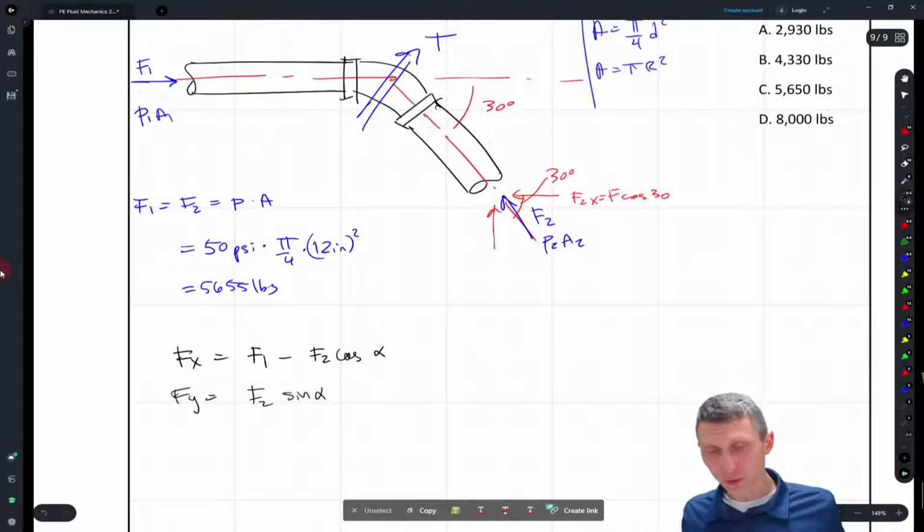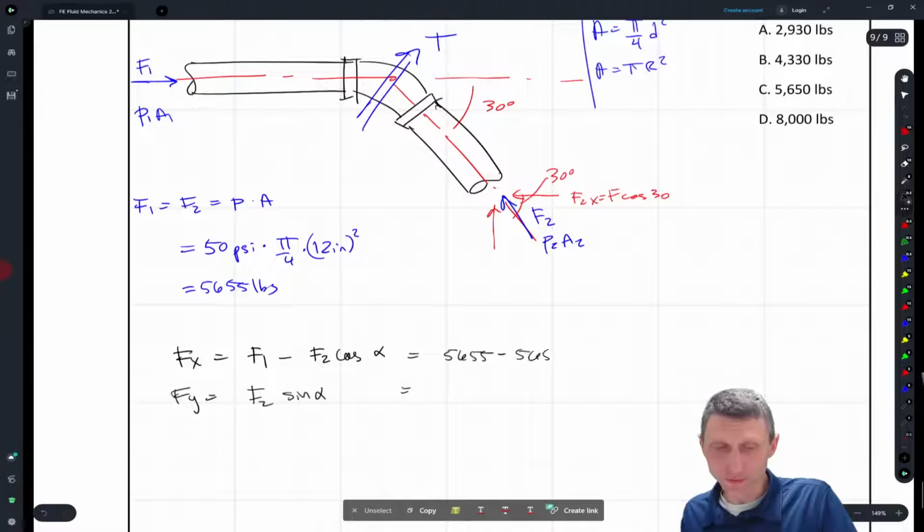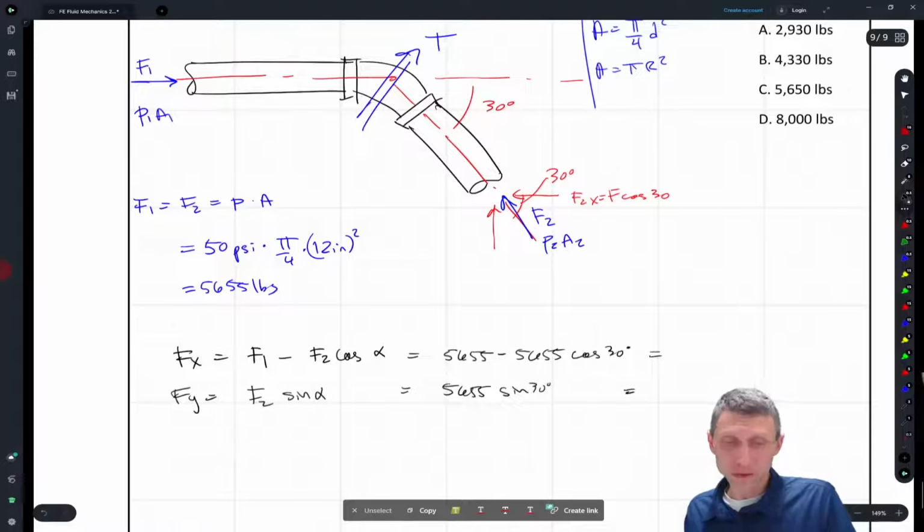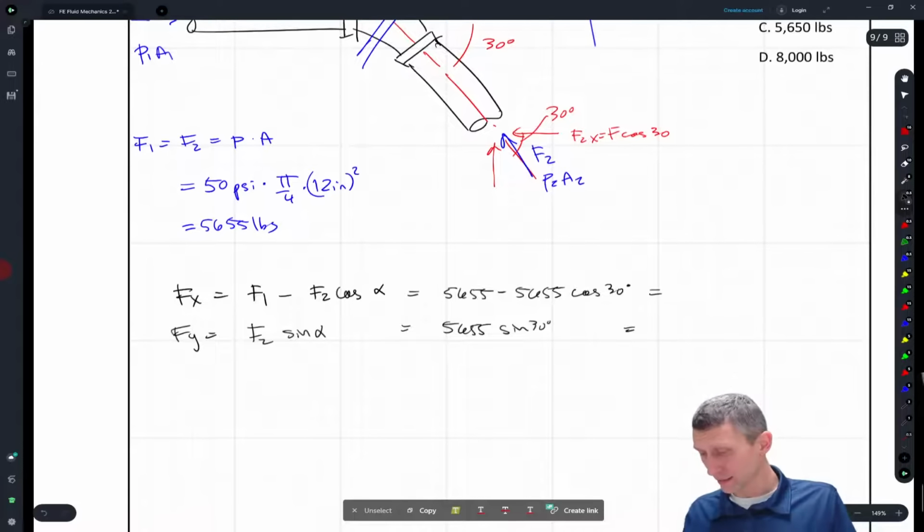Okay, so we can get both of these pretty quickly. So what do we have? We have 5655 minus 5655 times the cosine of 30, and 5655 times the sine of 30. So we get both of those, and what did I get?